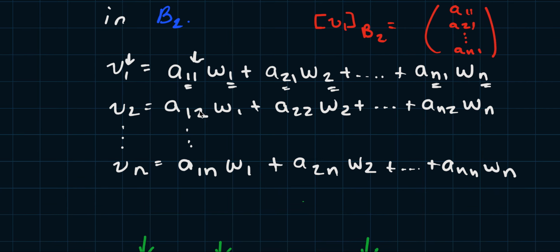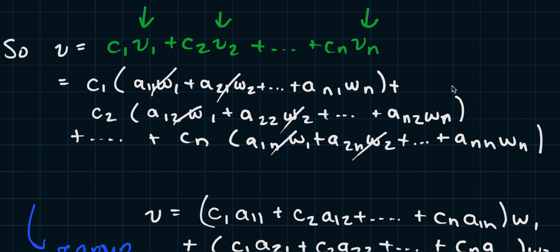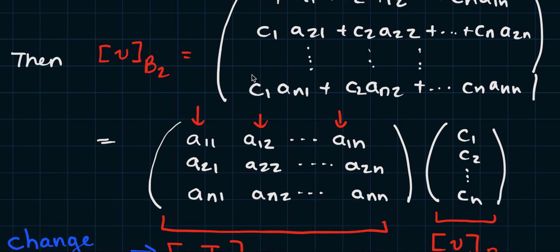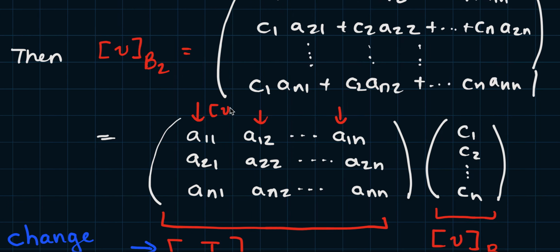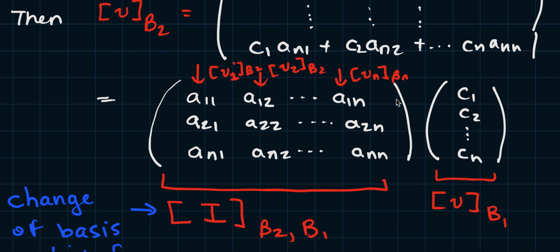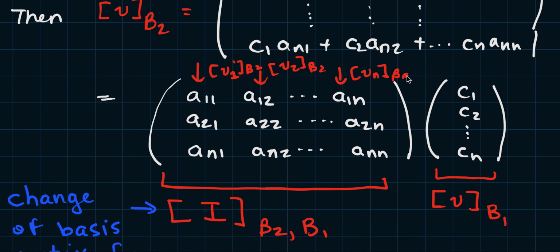And then you can see V2 would be A12, A22, and so on. You can see that this is V1 in terms of B2. And then this one is V2 in terms of B2, and so on. This is Vn in terms of B2.